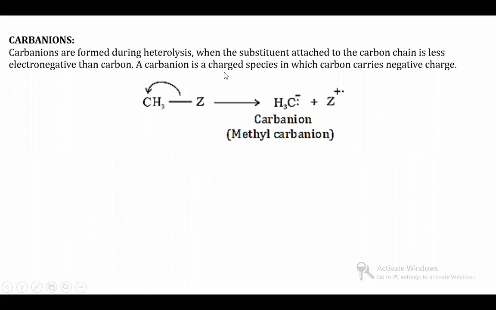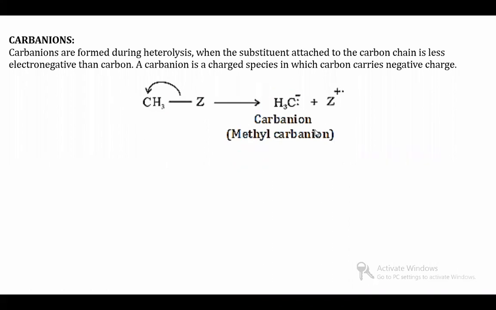If an electron withdrawing group takes electrons from the carbon, then carbon forms a positive charge. An electron donating group, the attached group, is less electronegative, so it is not ready to take electrons. Then carbon has a negative charge and forms the carbanion, called the methyl carbanion.